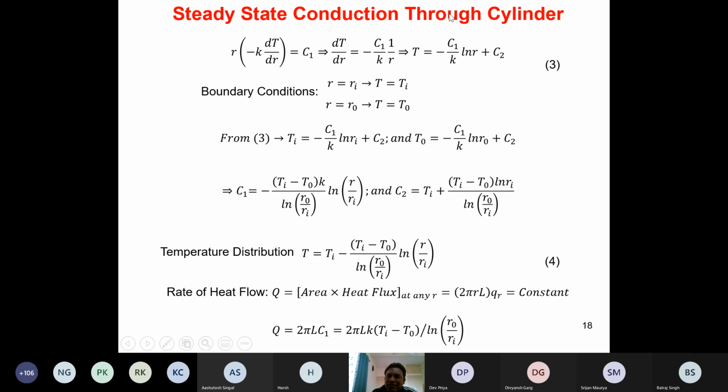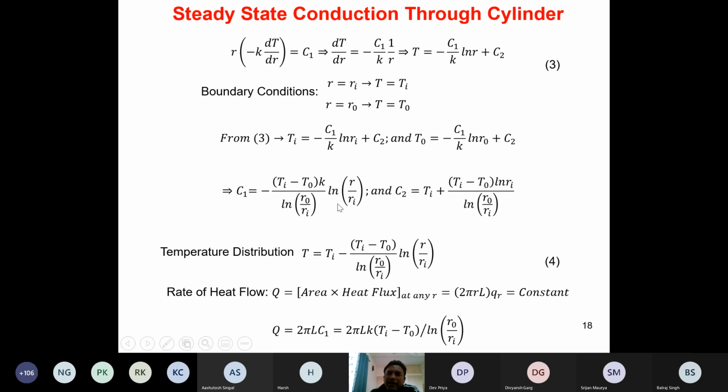Similarly, if we put C1 in this original equation, we can find out C2. So C2 can be obtained as Ti plus (Ti minus T0) ln Ri divided by ln R0 by Ri.